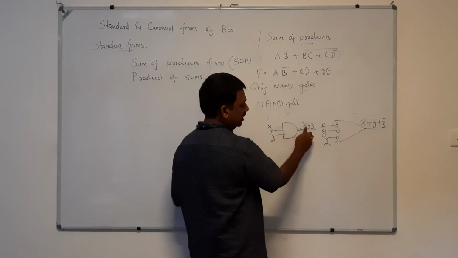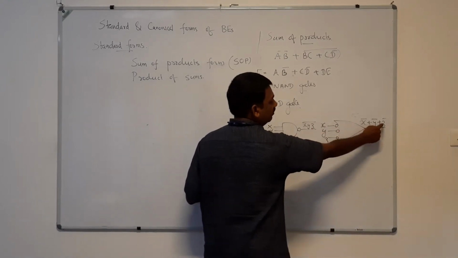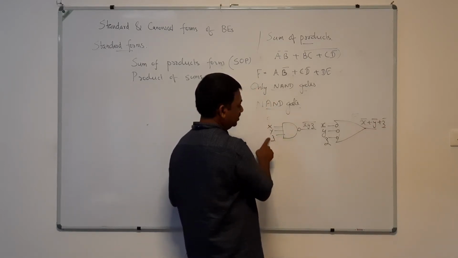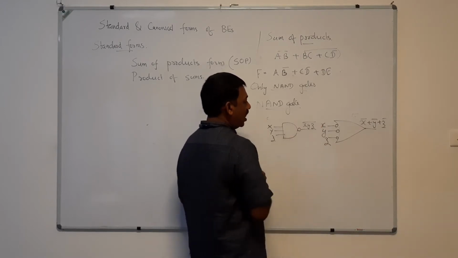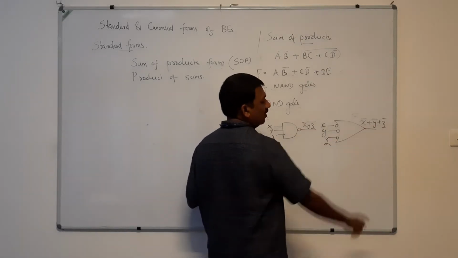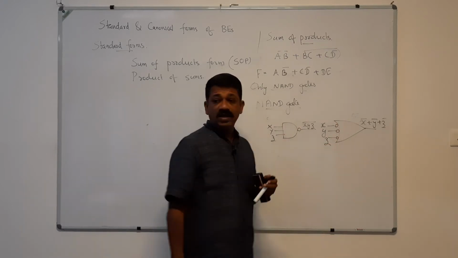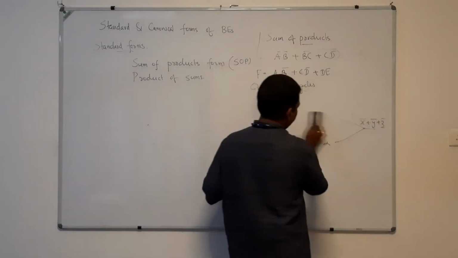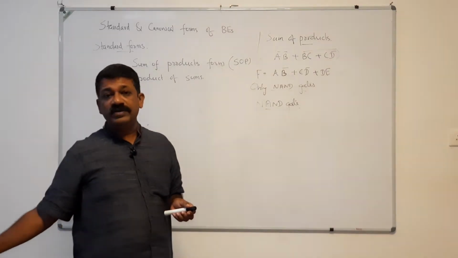Here the output is x, y, z the whole bar, and here the output is x bar plus y bar plus z bar. The inputs are the same, x, y and z. As per De Morgan's law, x, y, z the whole bar is equal to x bar plus y bar plus z bar. That means both representations can be used for NAND gates. Both are meaningful. Now, using only NAND gates, how do we implement sum of products form?